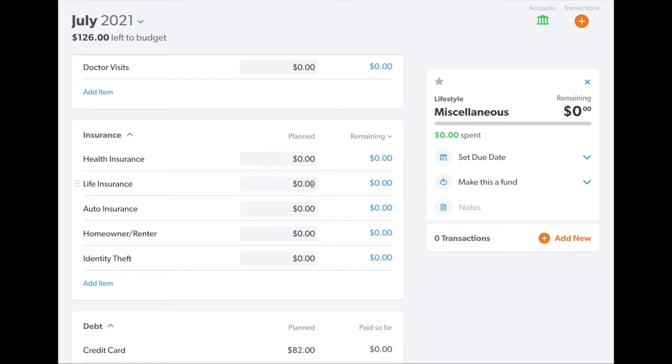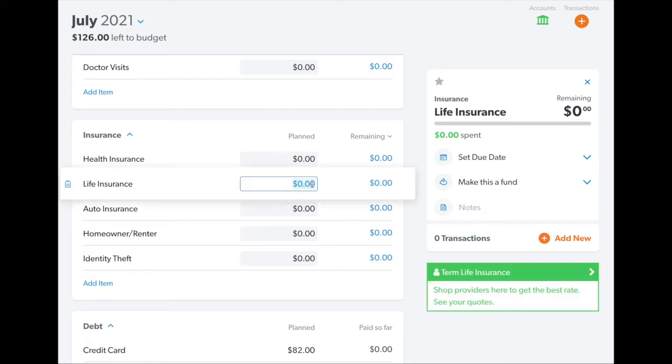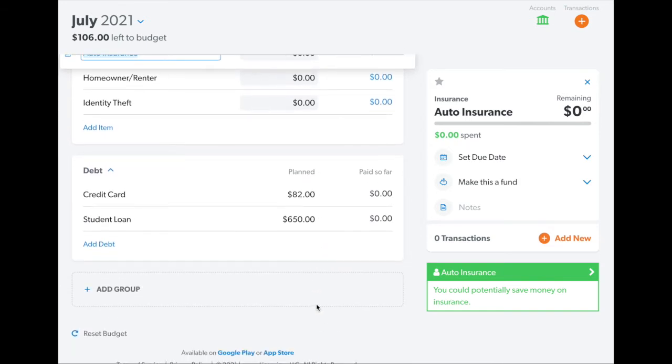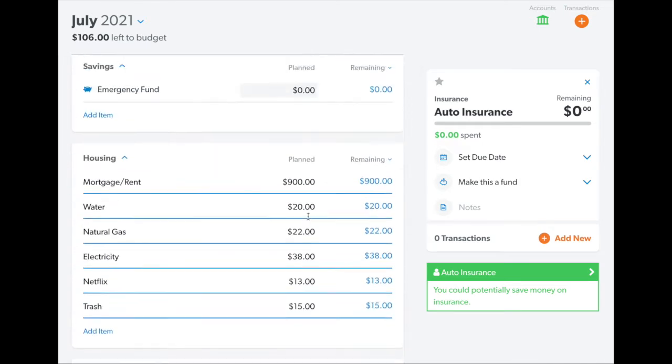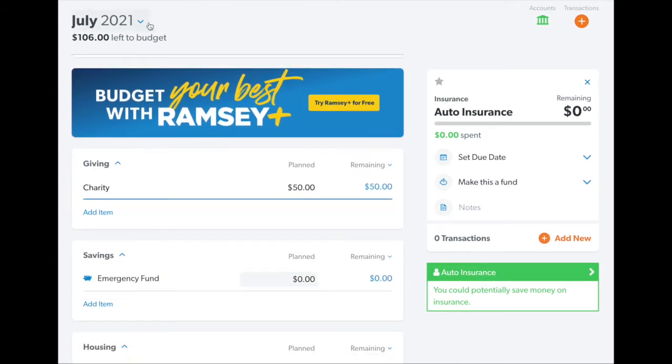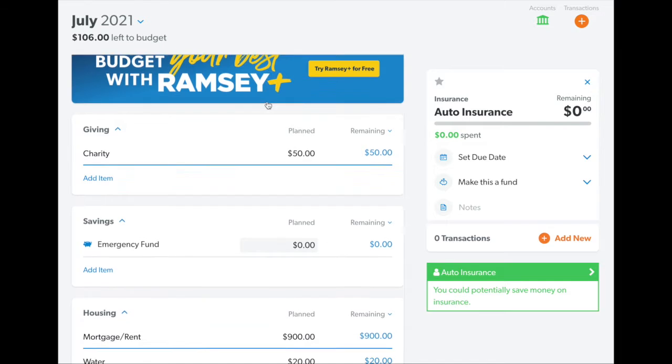Maybe I do include life insurance here. Mine's a $20 term policy, really inexpensive. And then I don't have any renter's insurance or identity theft coverage. Now I have an $82 a month credit card payment and a $650 a month student loan payment. So then as you see, as I go through here, it tells me at the top I have $106 left to budget.